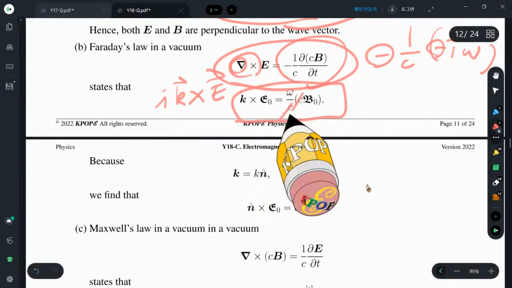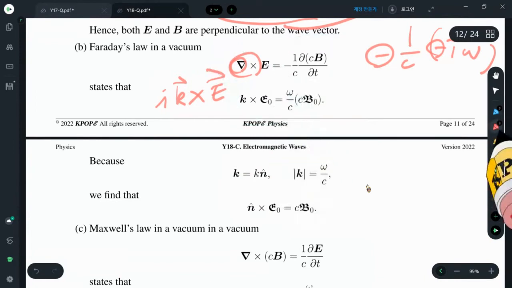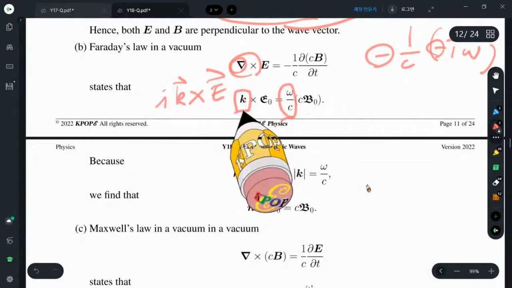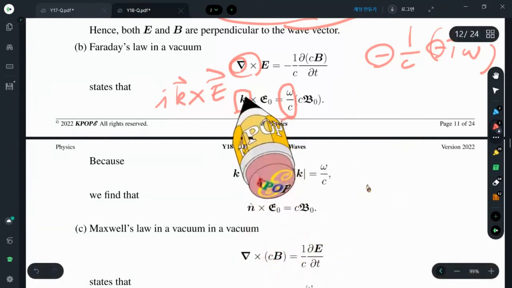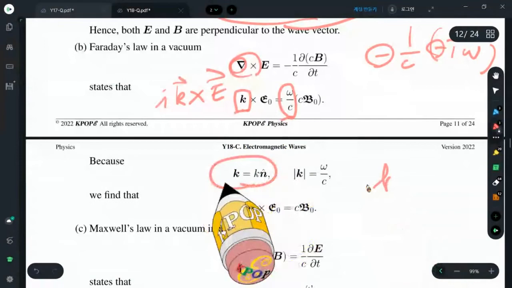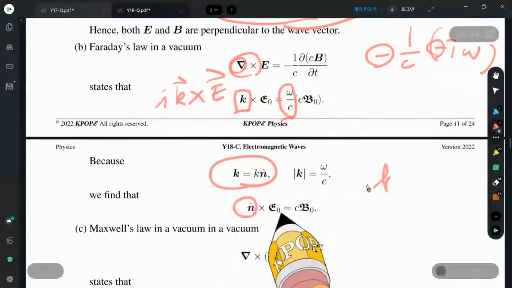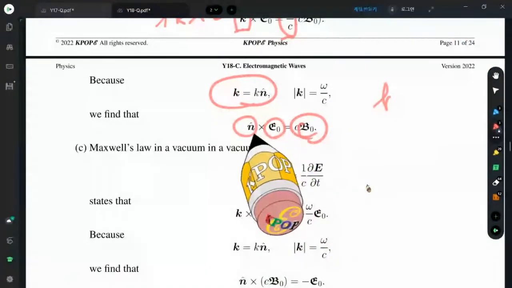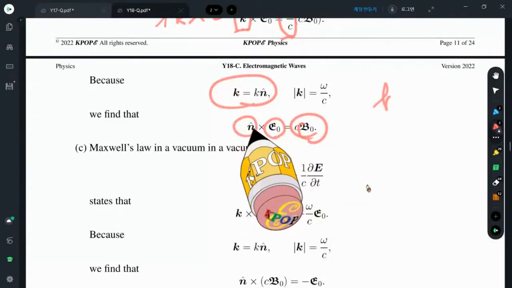This is over a factor. It's better not to cancel this speed of light, but to cancel the magnitude of k and the magnitude of omega over c. They are the same. So we arrive at, if I write this k vector as the wave number multiplied by a unit vector, what we find is this. What's that? We know the electric field is perpendicular to the wave vector.